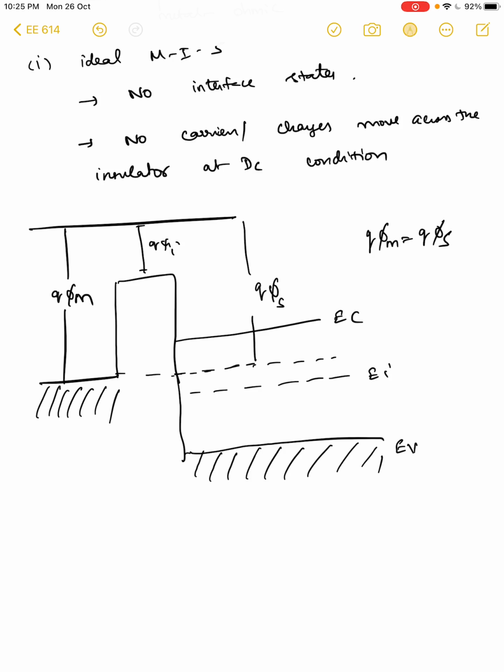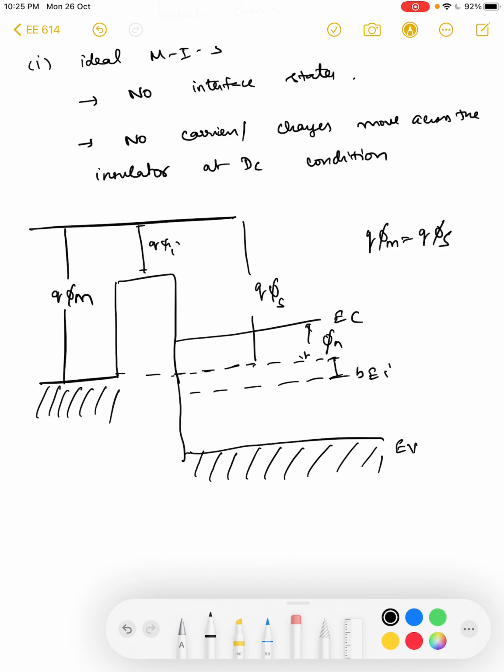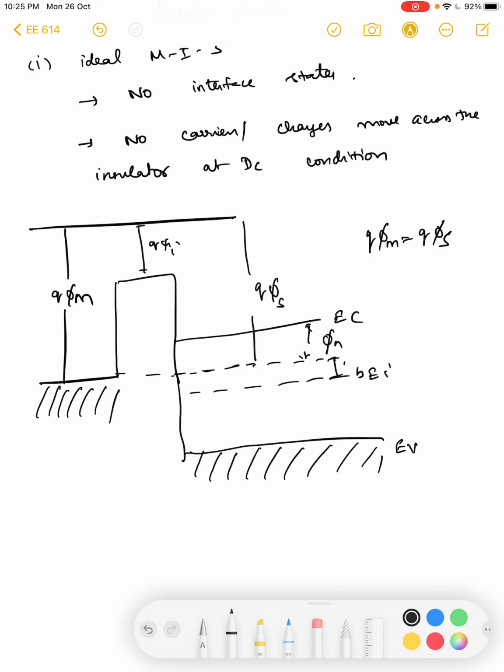And I'm going to define this separation between the conduction band and the Fermi level to be psi n, and the separation of the Fermi level from the intrinsic level to be psi b, as psi b n type.